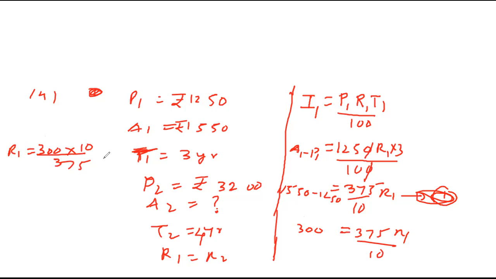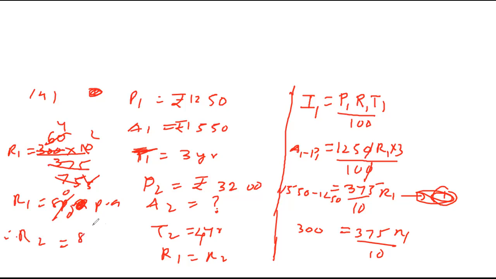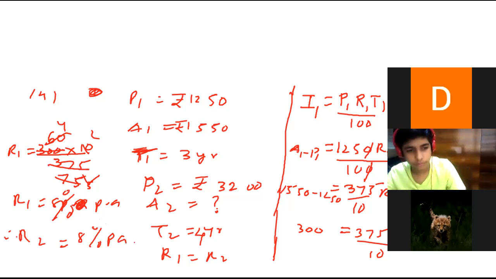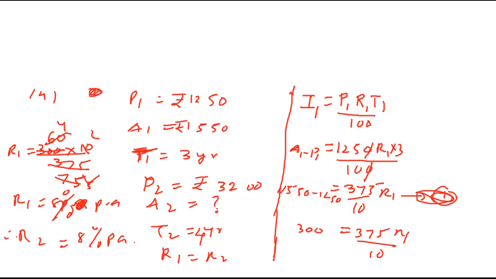Can we cancel this by 5? 5 sixes are 30. 5 sevens are 35. Remainder 2, 5 fives are 25. 15 into 5, 15 into 4. 5 twos are 10. So R1 is 8% per annum. Therefore, R2 is also 8% per annum because it is the same. Just copy till this. Because once you get R2, then you know P2, you can get I2.